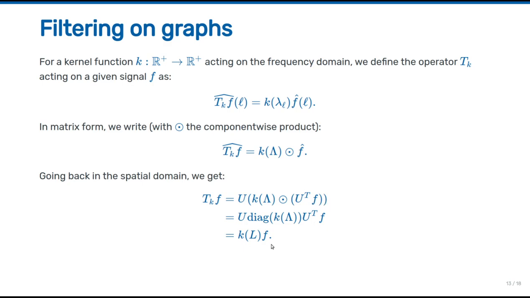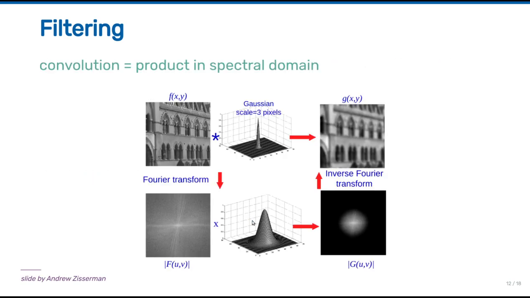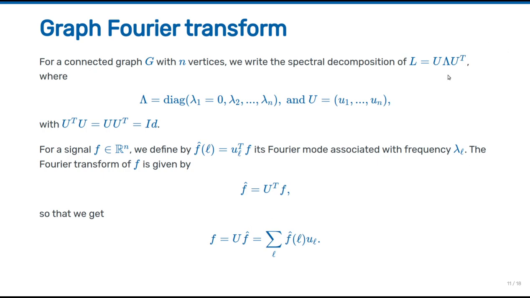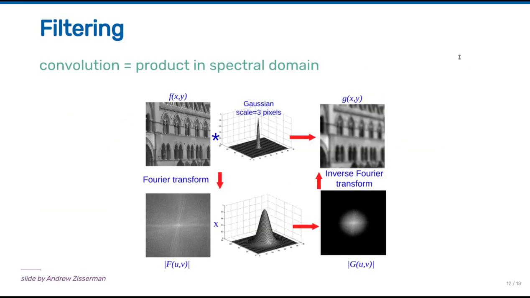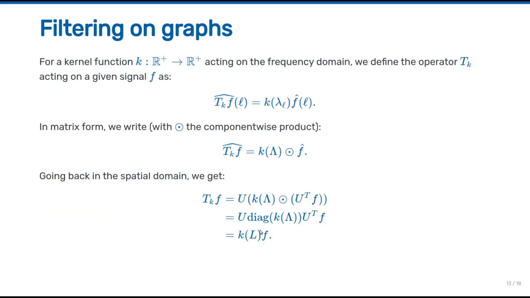So if you take all this matrix multiplication, in the end you end up with this U, which is the matrix of the eigenvectors of the Laplacian, a diagonal matrix where each entry is not anymore lambda_l but k of lambda_l, and then the U transpose. So this is very similar actually to this matrix, except that now the lambda, the diagonal matrix here, has been transformed through the kernel.